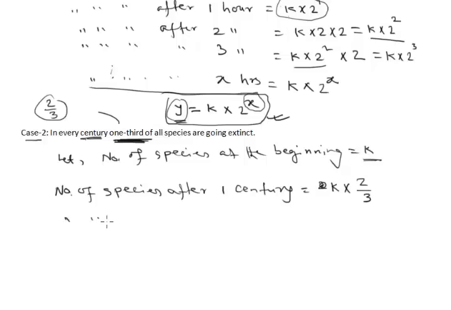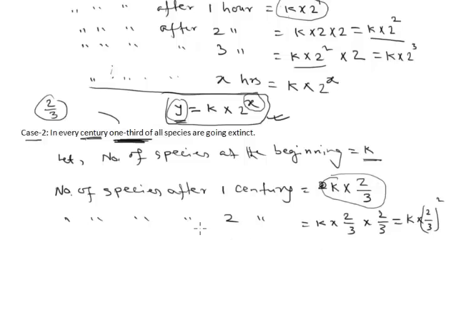Similarly, the number of species after 2 centuries will be, after 1 century the number of species is this, and among them 1/3 is extinct, so another 2/3 is still there. So K times 2/3 times 2/3, which we can write as K times (2/3) whole square. So after 2 centuries the number of species remaining is this.